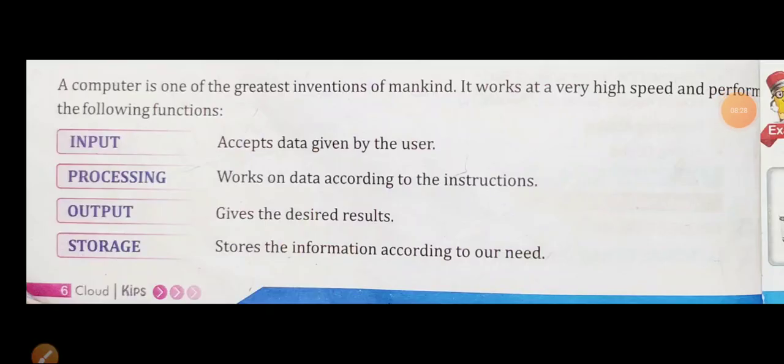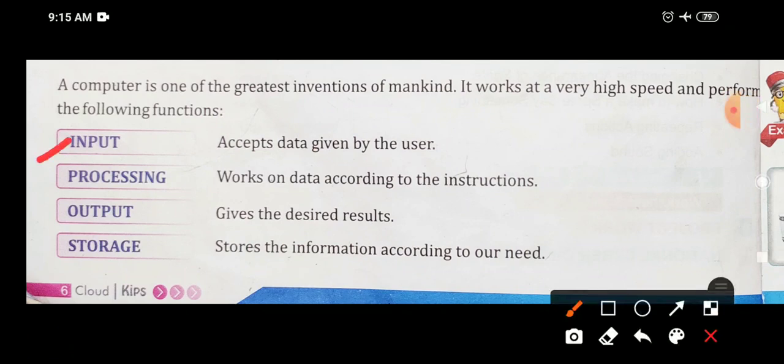Now next is how a computer works, the functions of a computer. The functions of computers are input, processing, output, storage. Computer accepts data given by the user. Now we give the data, the instruction, to a computer. It is called input. Processing works on data according to the instruction. When we give the instruction or data to a computer, the computer processes that data.